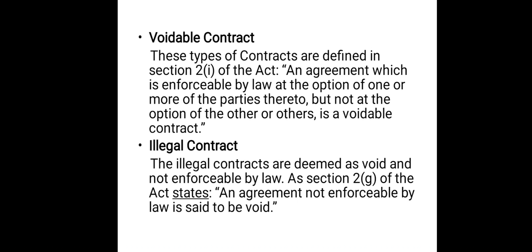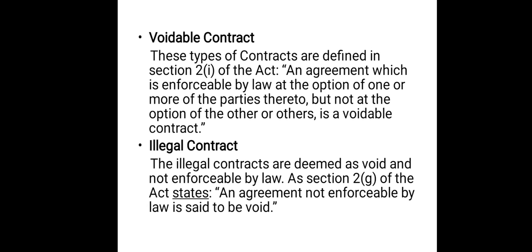Next one is illegal contract. Illegal contracts are deemed void and not enforceable by law, as Section 2(g) of the Act states: an agreement not enforceable by law is said to be void. It means if a contract or any agreement is made with any illegal actions in it, it can't be executed by law because it is an illegal one.